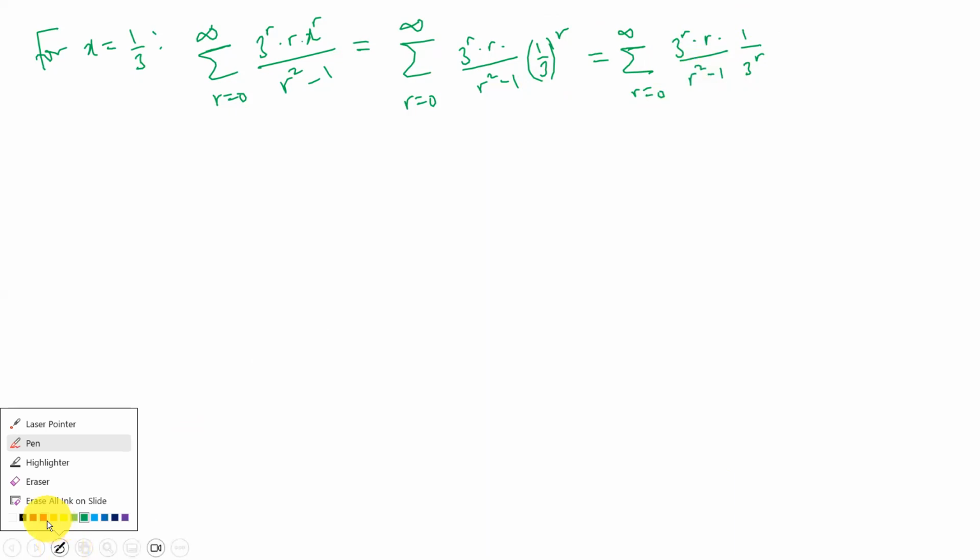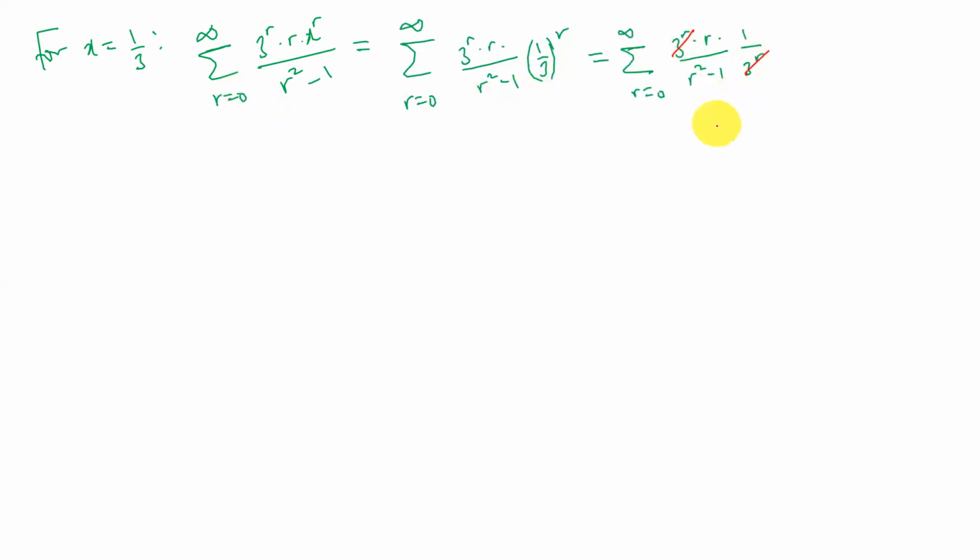The 3 to the power r cancels out, and therefore we have the infinite series of r divided by r squared minus 1. So this is what we get.